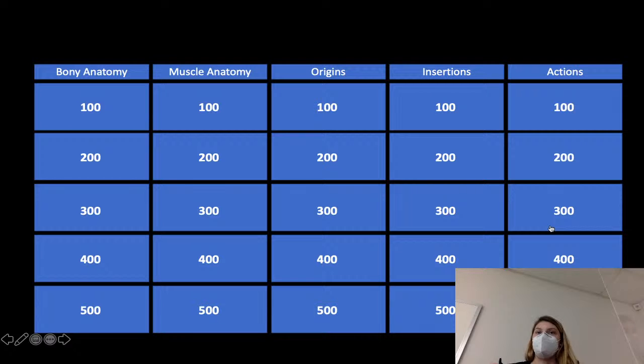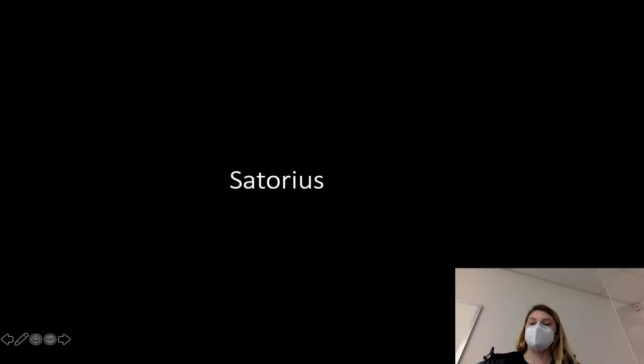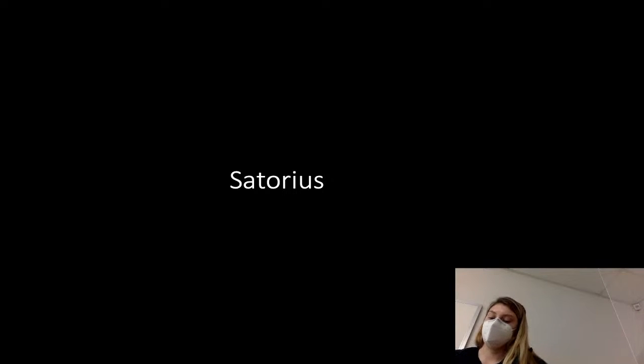Okay, you have 1 and 5 left in muscle anatomy. 1. What is the blue arrow pointing to? It's number 1. Sartorius, correct. So that was 100.